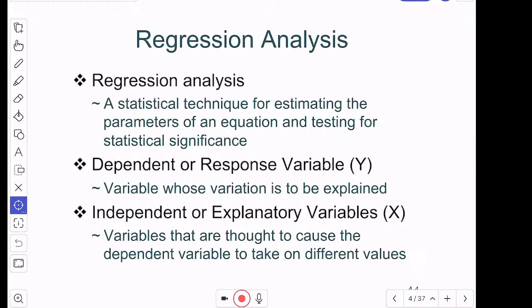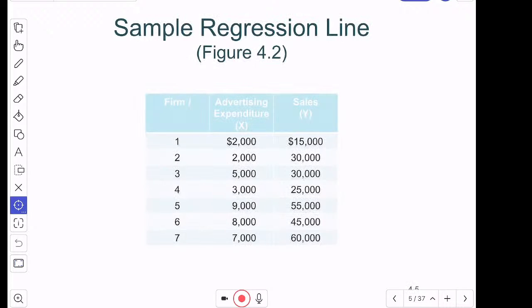We say, well, we understand, and it's been shown that demand is impacted by these variables, and that's why we do it that way. So the example given here is sales. This is our response variable, and a factor is the advertising expenditure. So how much we spend on advertising appears to increase sales, right?